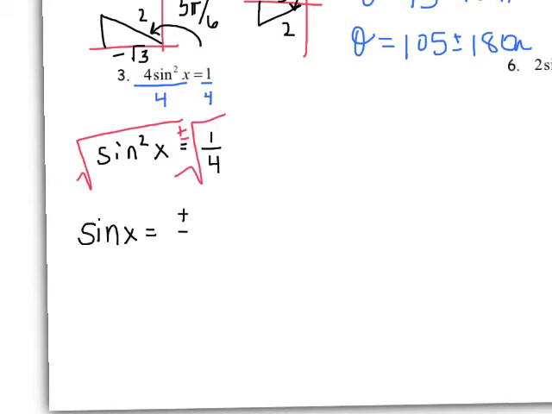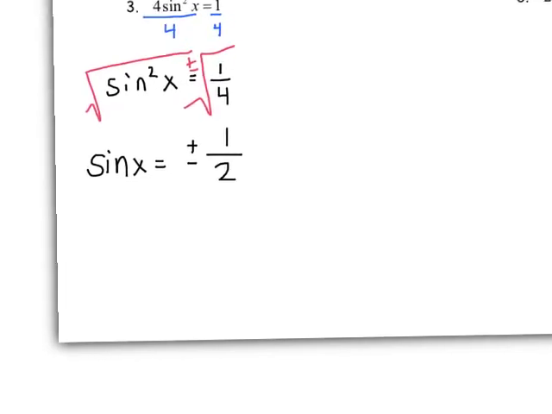The square root of 1 is 1, and the square root of 4 is 2. Alright, so this is that case where I'm actually going to branch this off into 2 answers. The positive ratio and, let me do that in a different color, the negative ratio.